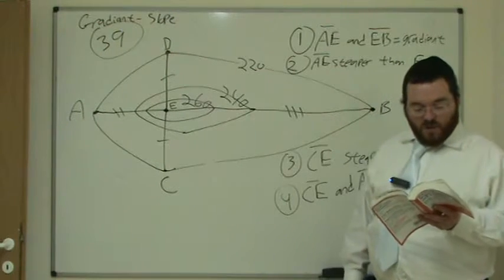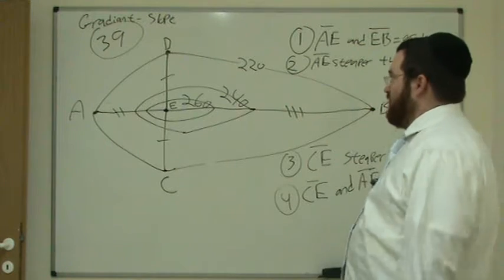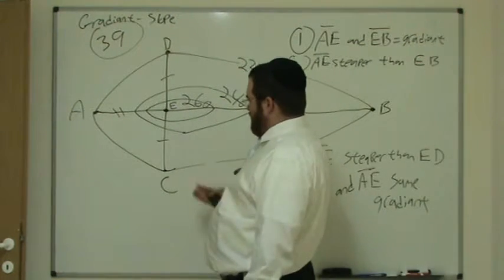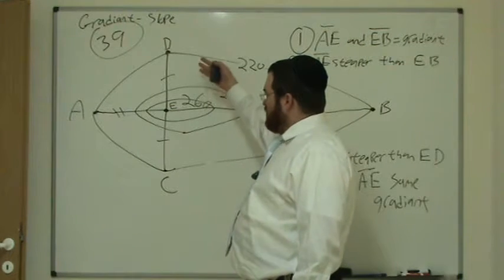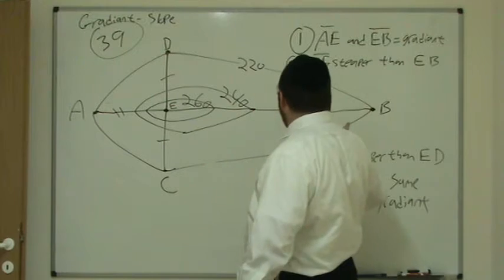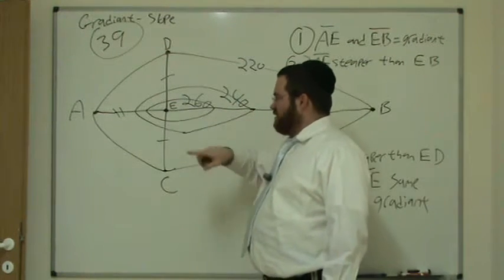Question 39. Which description best compares the gradients of this hill? So we know the gradient is the slope. So the question is, they show you points at the end points of this hill and the middle of this hill.